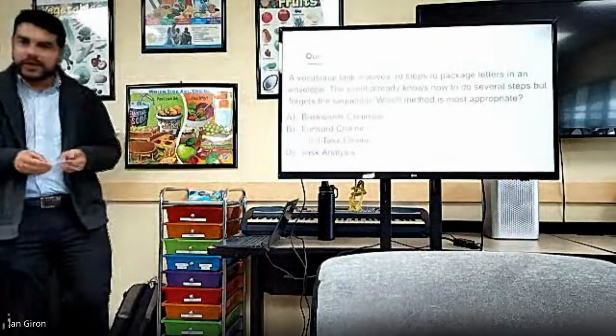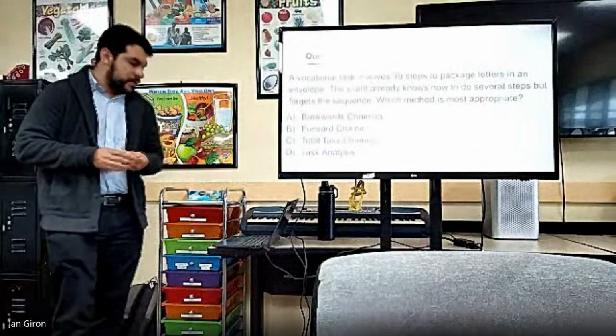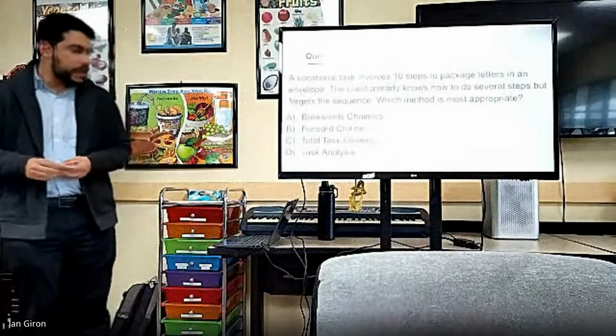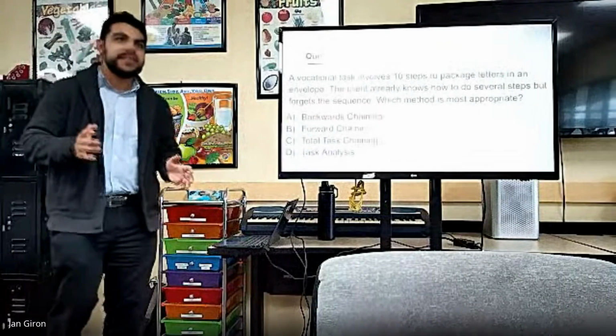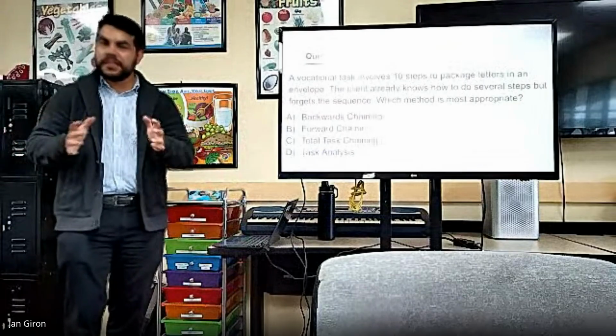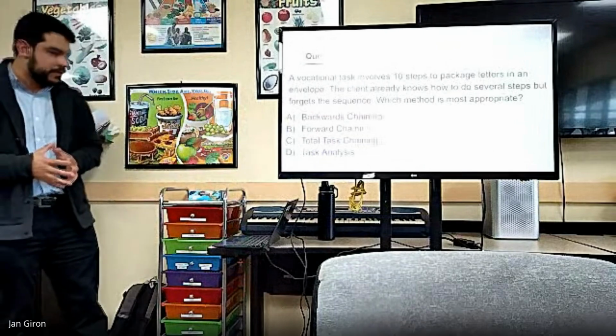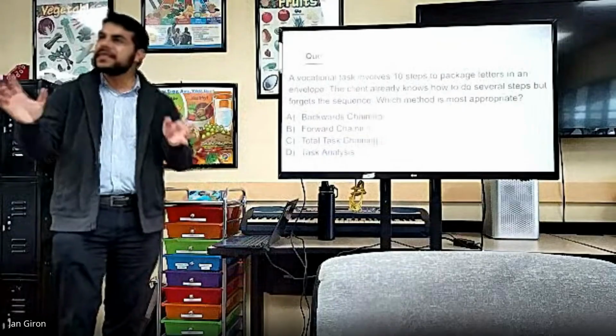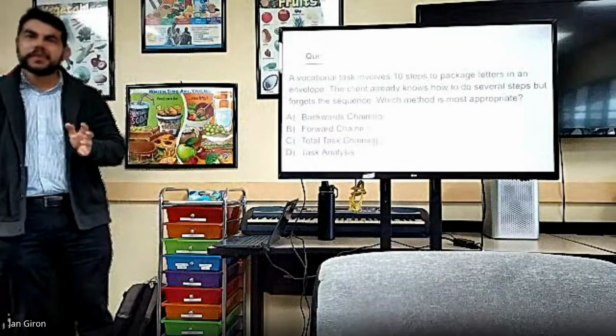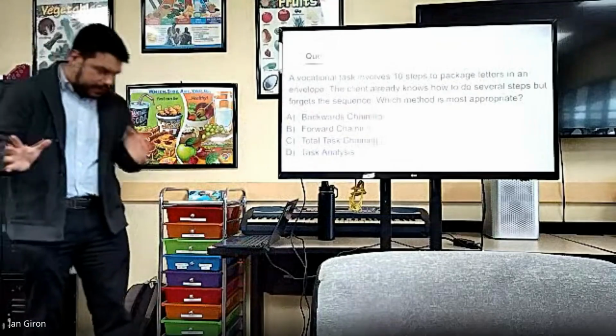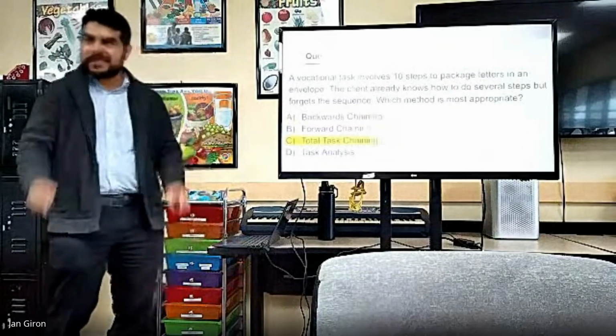So here in forward. So they already know how to do the steps. They just might not be sure how to do them in order. Okay. Sarah's saying C. Everybody else in agreement with C? Total task? Yes, that's right.